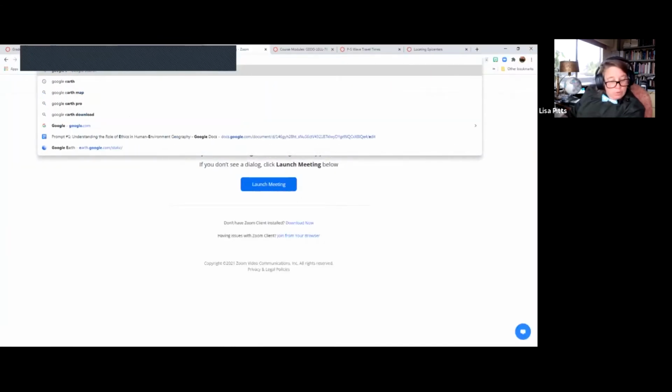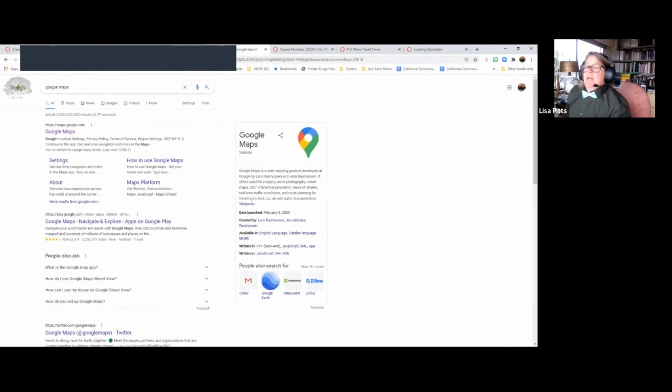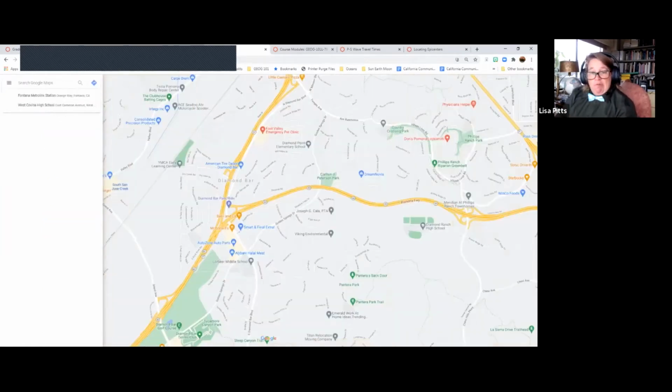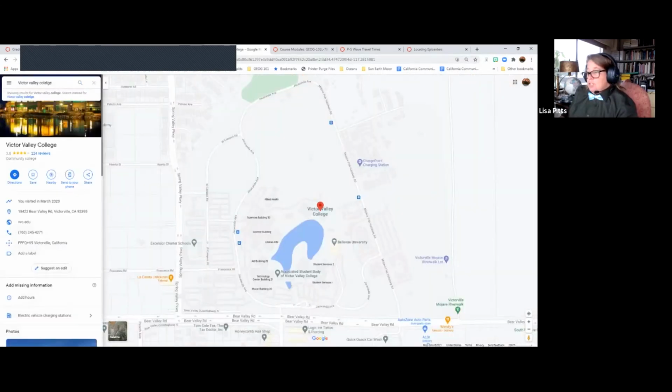That's what it told us to use, right? Yes. All right, so maps.google.com. Okay, so we're going to put in a profile from where we are to the school. So we'll start with Victor Valley College. Oh, you have to spell it correctly. It helps sometimes. All right, so there's our little spot.